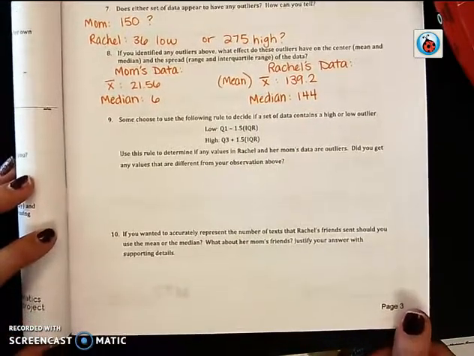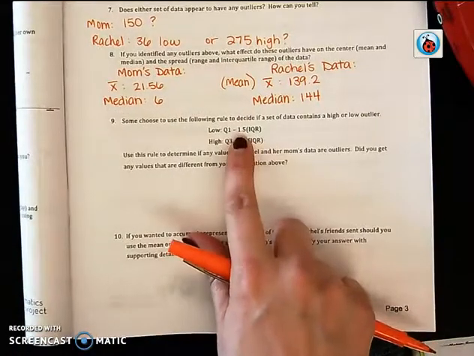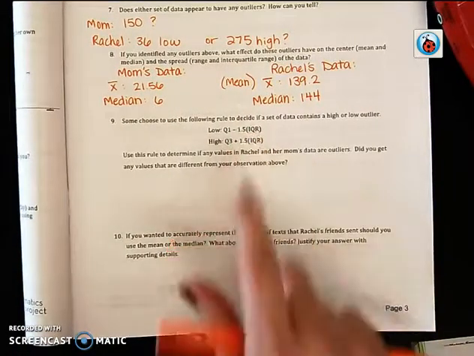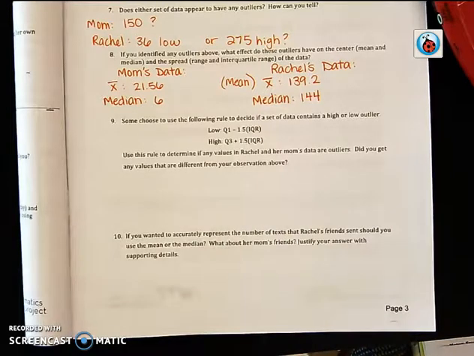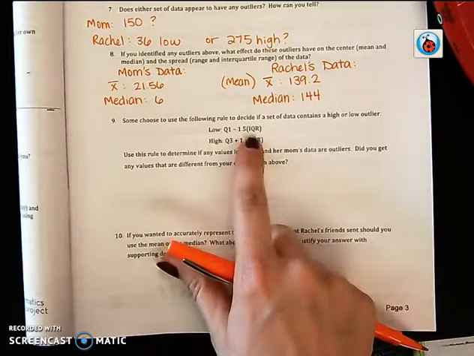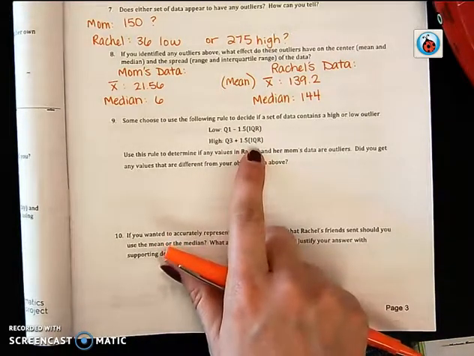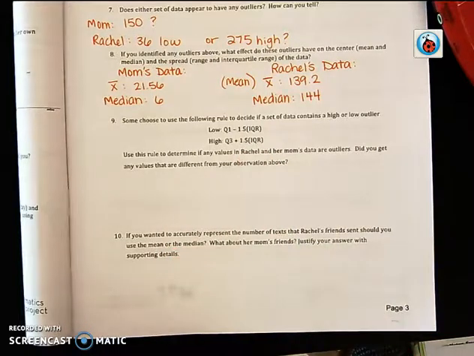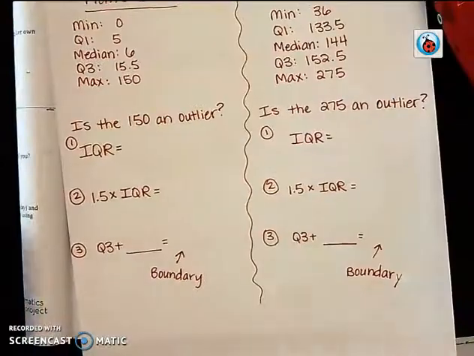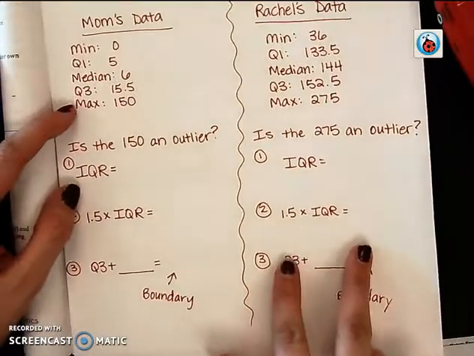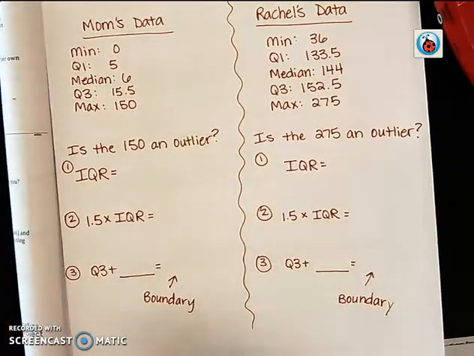There is a rule in math called the 1.5 times the IQR rule for determining a high or low outlier. This is the general setup for how you use the rule, but we're going to break it down into steps. So we're going to look at mom's data and Rachel's data. I've already used my calculator to find the 5-number summary for mom's data and Rachel's data by using StatEdit.